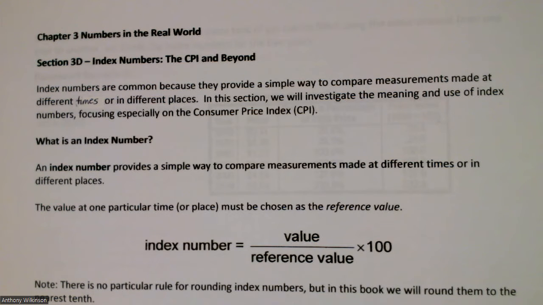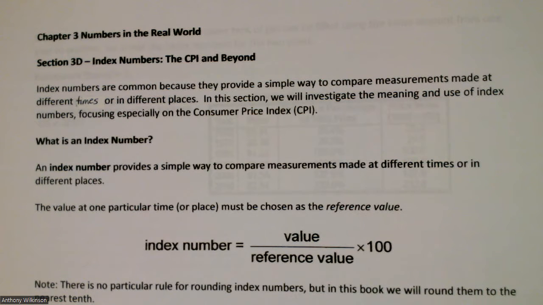And you've probably heard that phrase used in news media concerning the Consumer Price Index and how that affects us in real life, what we buy, and so on. Now, what is an index number?